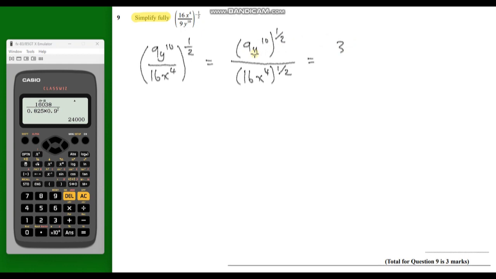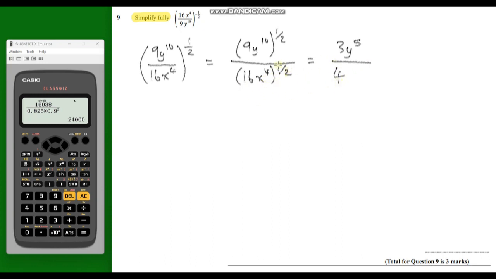And then we're going to do y to the power 10 to the power half. Now, whenever we're raising a power to a further power, we multiply the indices. So it's going to be y to the power of 10 times a half, which is just 5. So this is our numerator. And then in our denominator, again, we're going to take the square root of 16. Well, that's just 4.